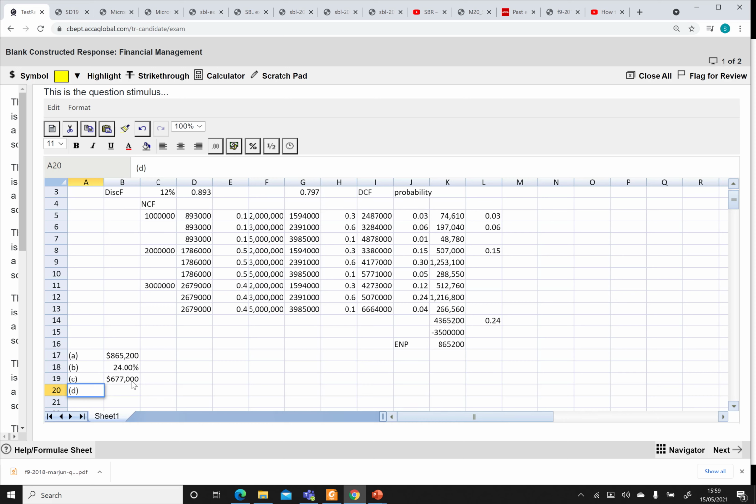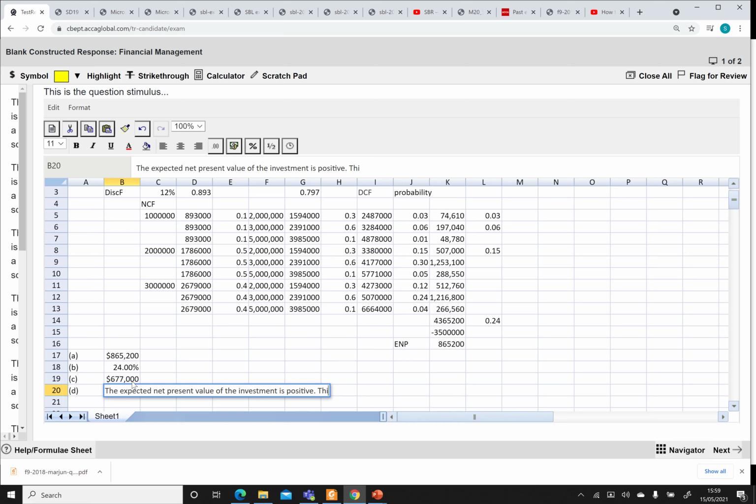I have to make a comment for 2 marks on the financial acceptability of the proposed investment, and the comment would be the expected net present value of the investment is positive.